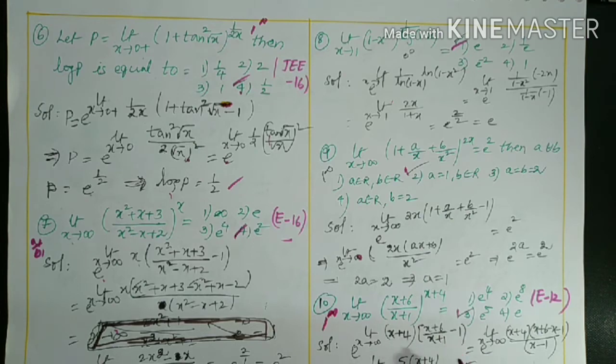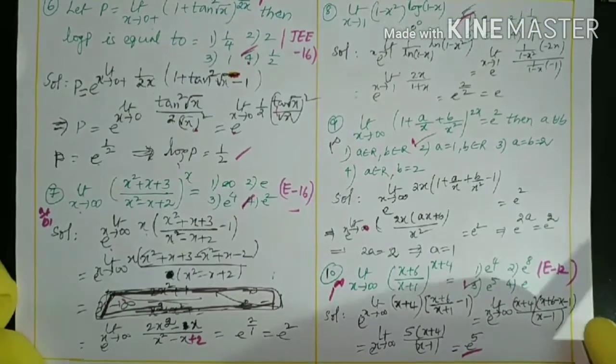Now by simplification, taking the LCM, x + 6 minus x minus 1, the x minus x gets cancelled, 6 minus 1 is 5, so 5(x + 4)/(x + 1). Again it is a limit to infinity case. Both degrees are the same, the x quotient is 5 over 1, 5 by 1 is 5, means e power 5. That is the third option.